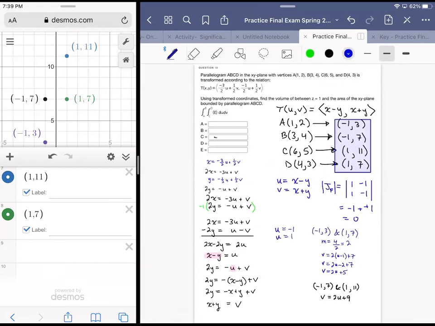So that's C and D. The E is actually probably the easiest part because we're finding the volume bounded between Z equals 1 and the XY or UV plane, a two-dimensional plane with height equal to 0.